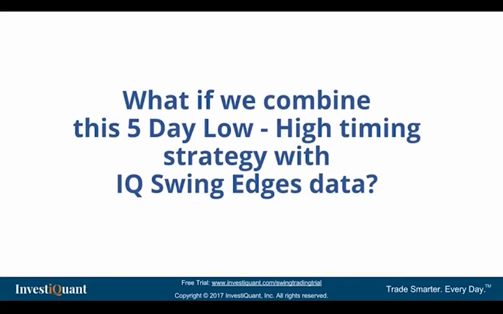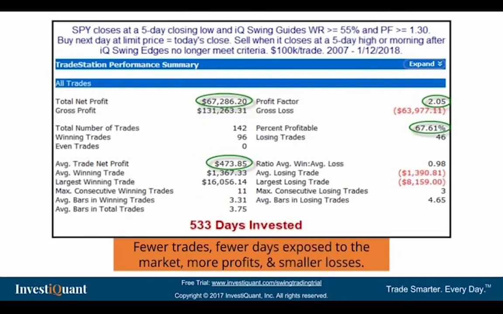Okay. So what if we combine the 5-day low-high timing strategy with some of the IQ swing edges data? I've got this neat little timing strategy, and I've got this robust data. Let me try and do that. So this next slide looks at performance following times where we had a 5-day closing low, and then our swing guides for SPY had a win rate of at least 55% and a profit factor of at least 1.3.